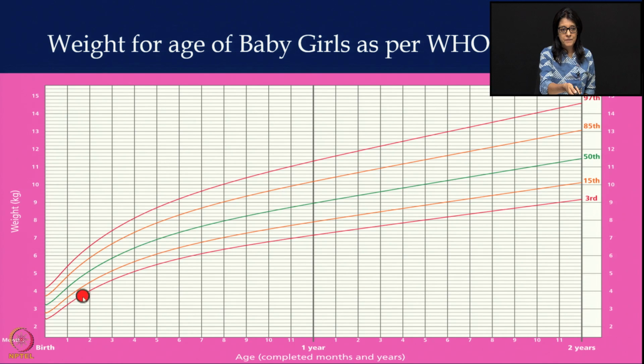So in 1 month, that girl child who was 3.2 kilogram needs to gain at least 1 kg to be able to follow her growth trajectory on the 50th percentile.